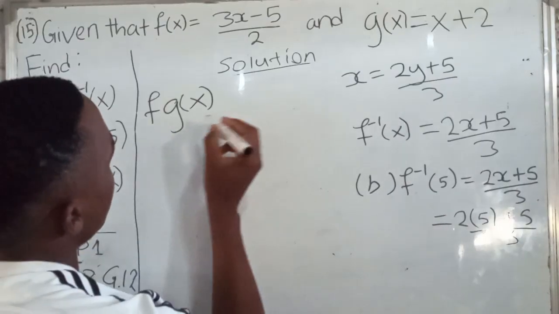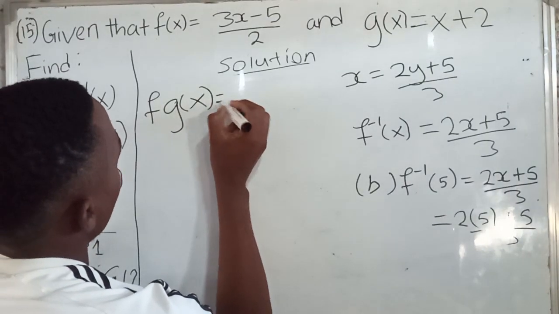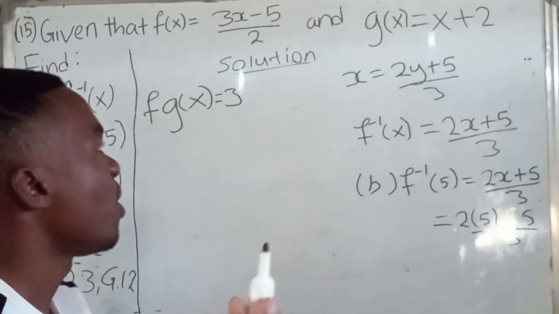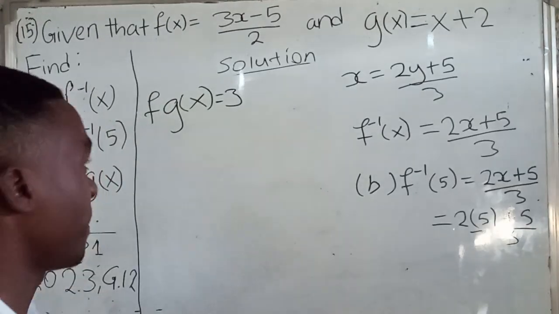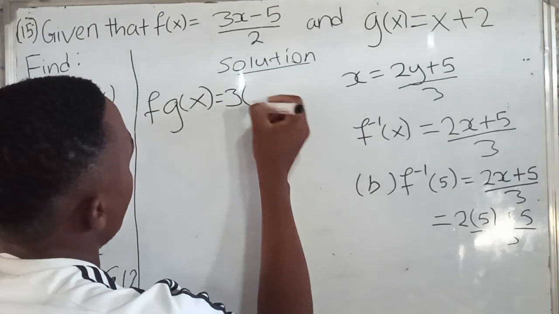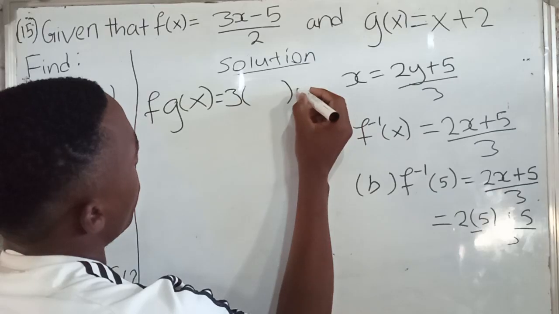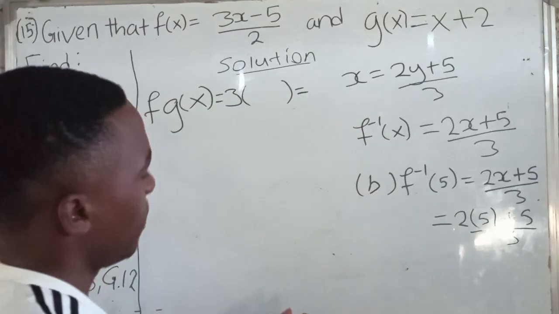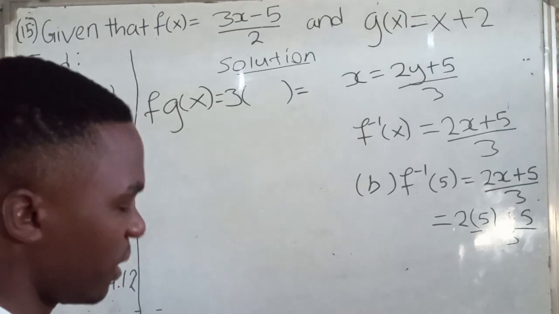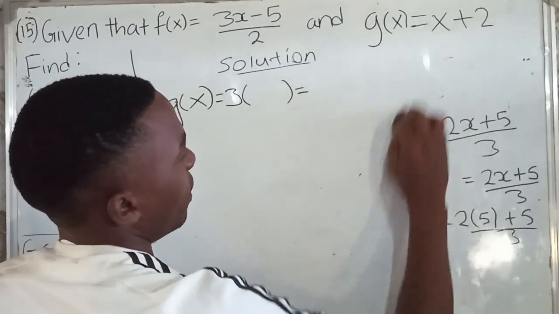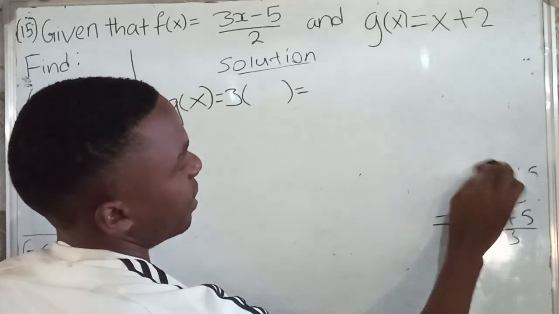We are going to say is equal to 3. Where there is x, we feed g. So we are going to open the bracket like this. So this one will be equal to, I think I can just rub within this so that we don't get confused.